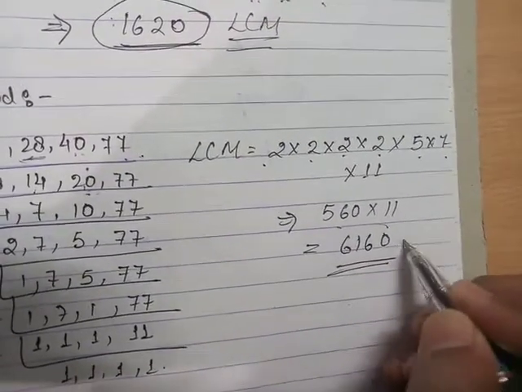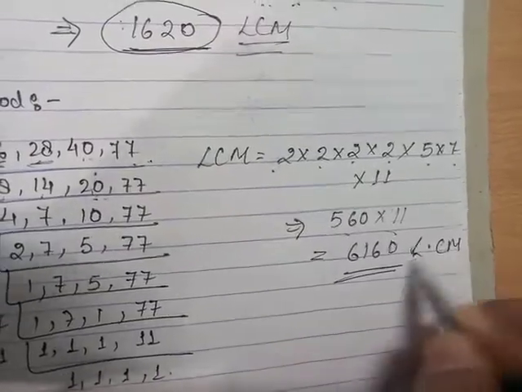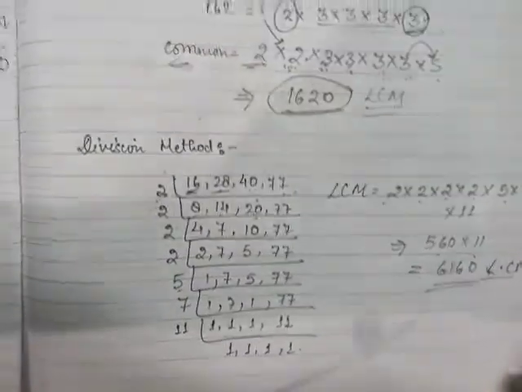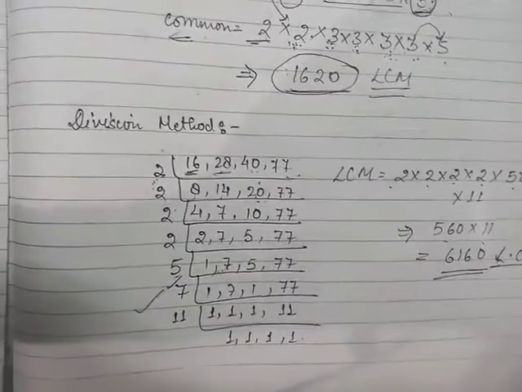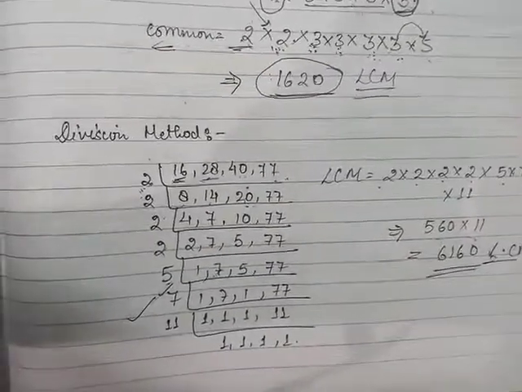So the LCM will be 6160. So this is the division method to find the LCM of any number.